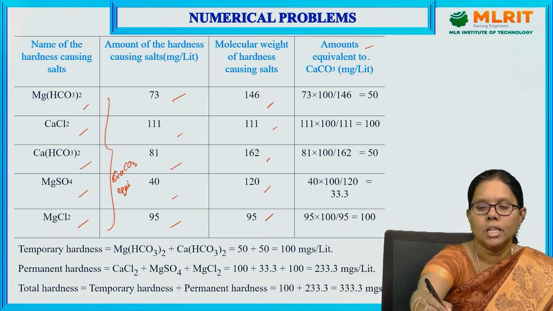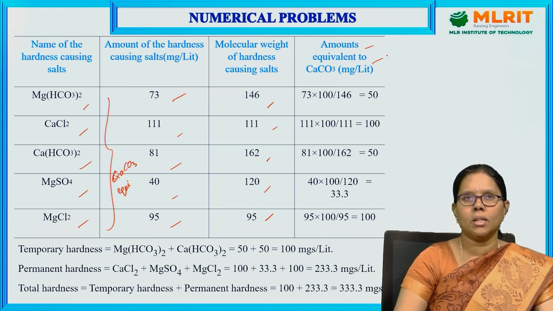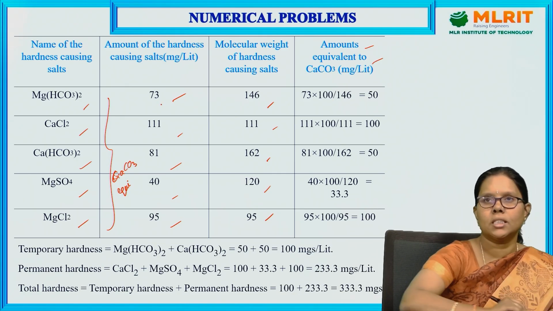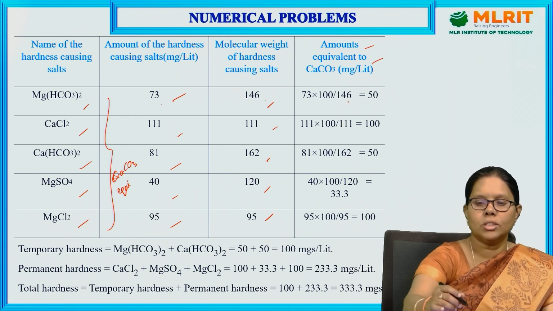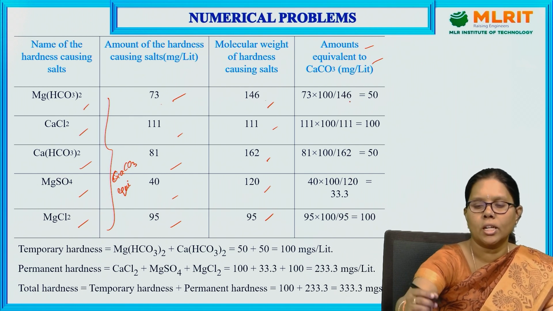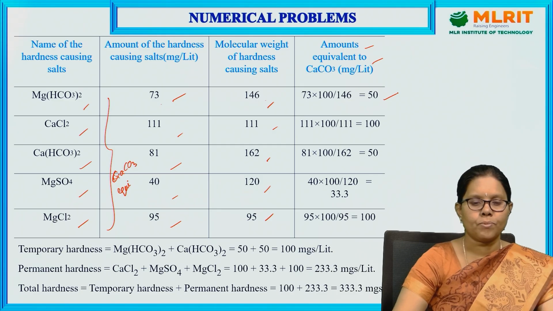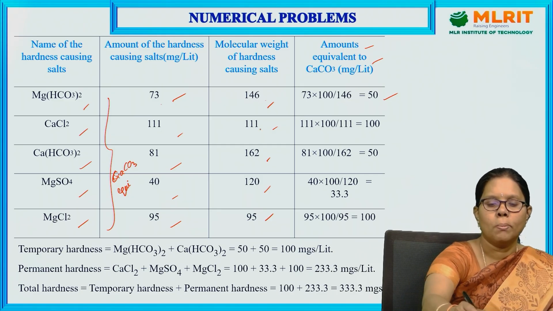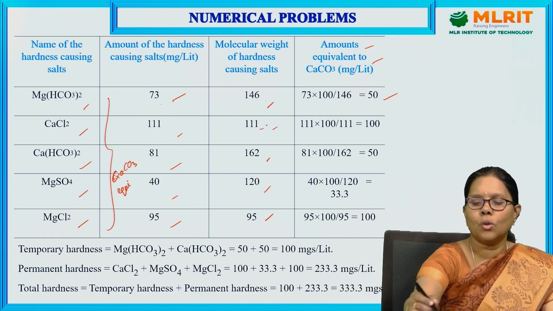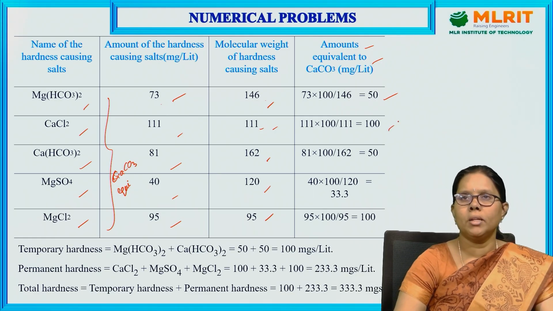The amount equivalent to CaCO3 is the weight of the hardness causing salt divided by its molecular weight, multiplied by 100. So 73 by 146 into 100 gives 50. For calcium chloride, 111 by 111 into 100 gives 100 milligrams per liter.